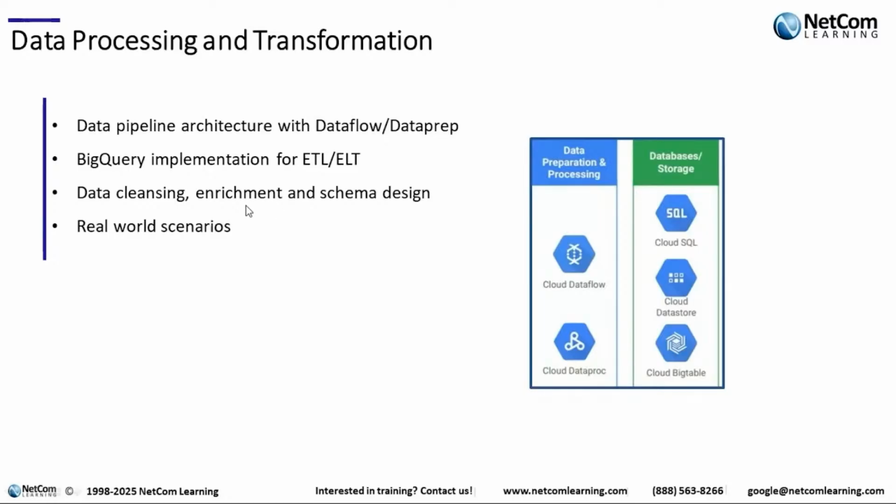And last but not least, a point which deserves mention for data enrichment strategy is machine learning powered enrichment with Vertex AI on GCP. So what do we mean by that typically?